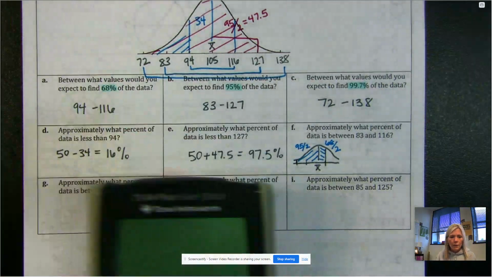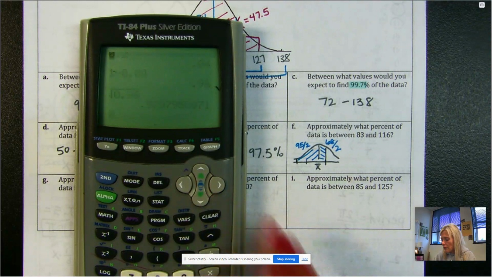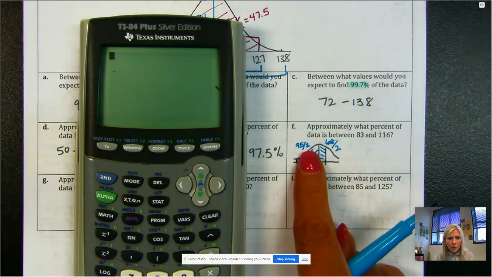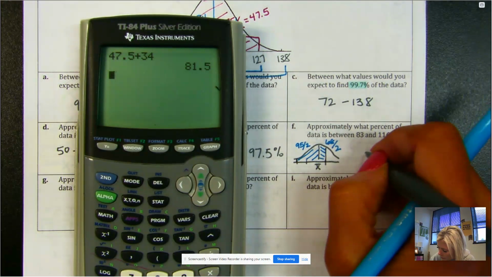All right. Grab my calculator really quick. Just because we've been doing this so much, I know 95 divided by 2 is 47.5. I'm going to add that to 68 divided by 2, which is 34, for a grand total of 81.5%.